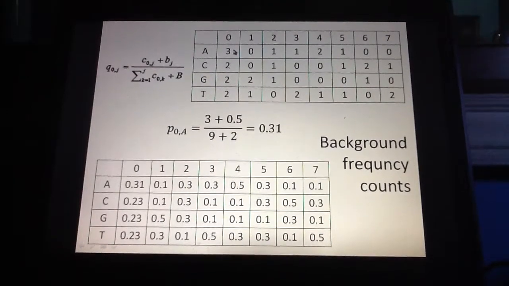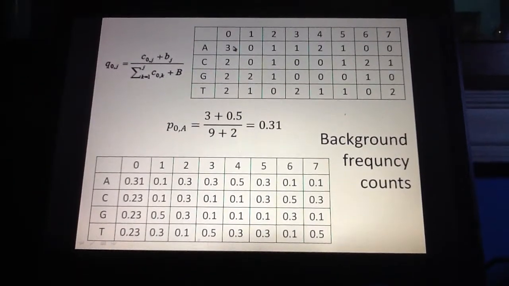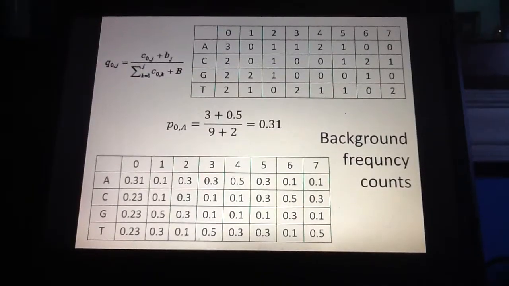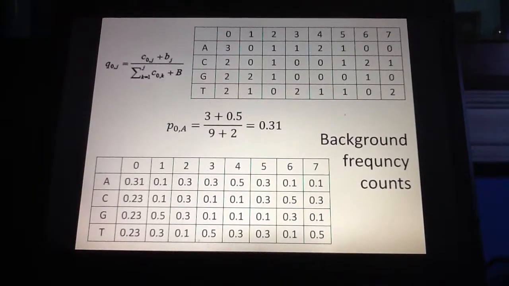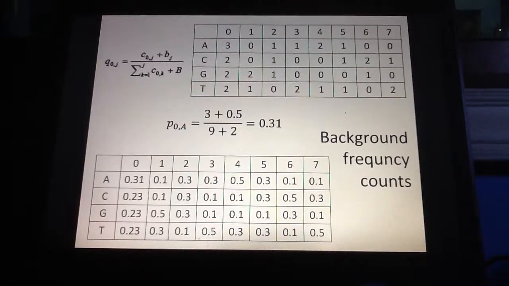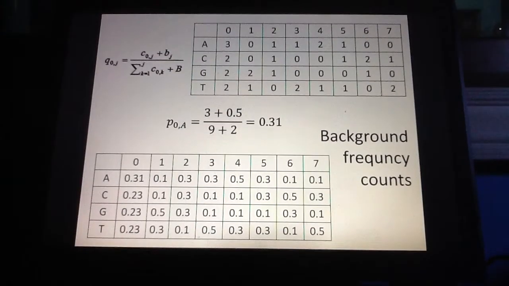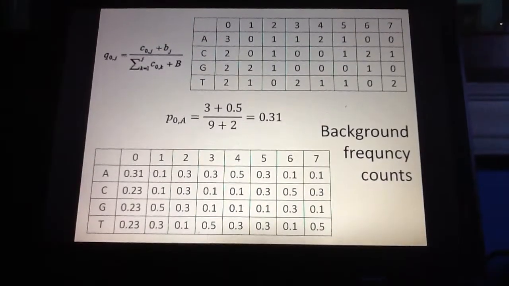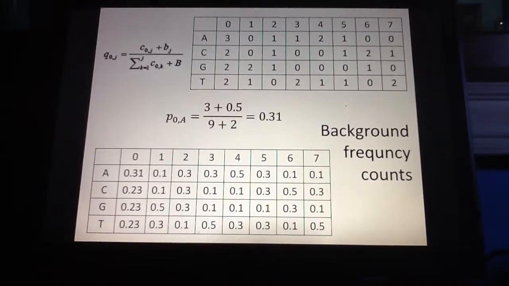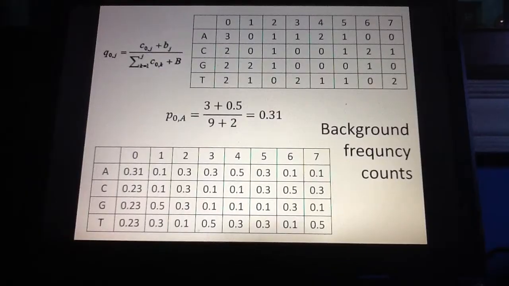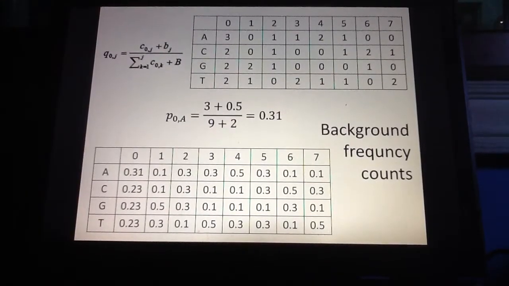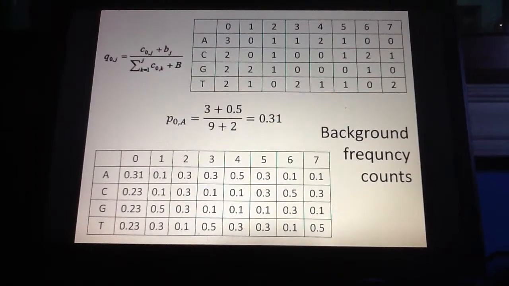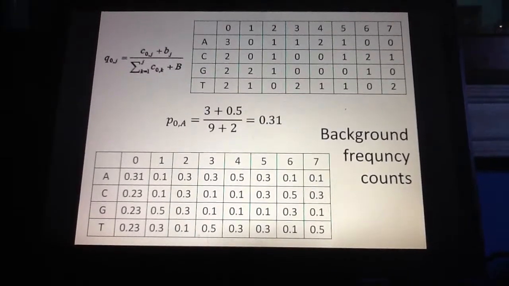But again, we do not like to obtain 0 probabilities because it would mess everything up, and we would always get 0 probabilities all the time, because later on you'll see that the probabilities will be multiplied against each other, and if you multiply a non-zero probability by a 0 probability, it would end up with a 0 probability product, and you don't want that.